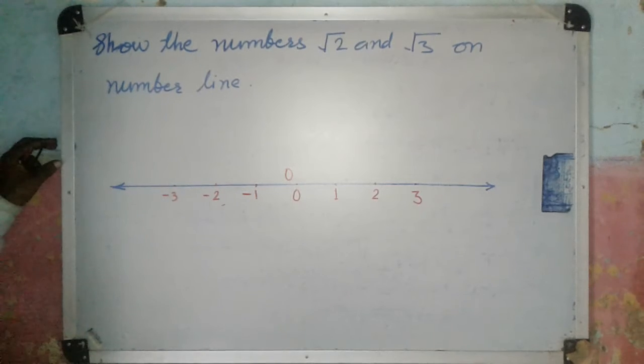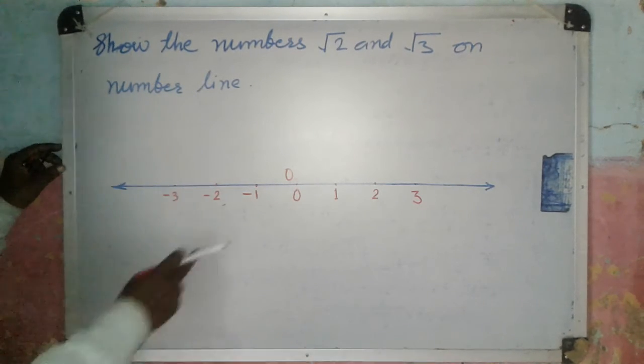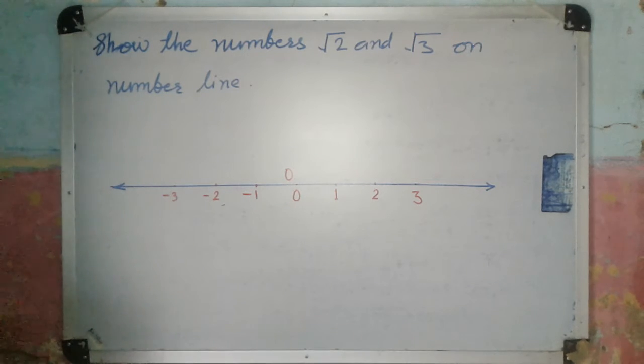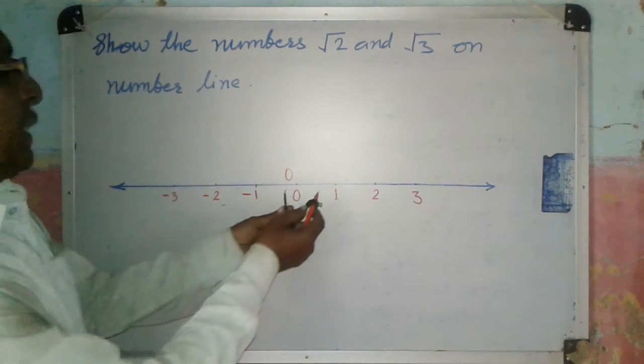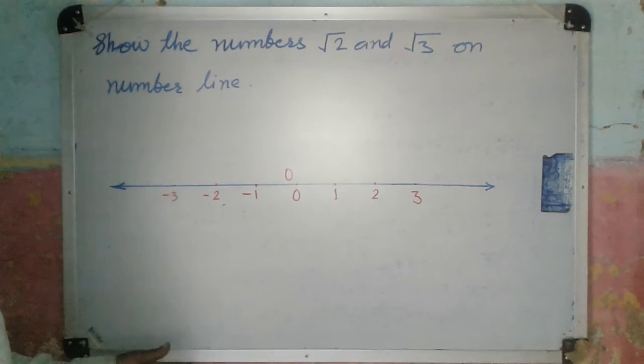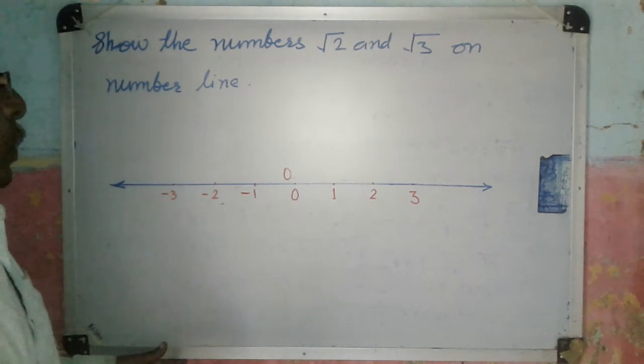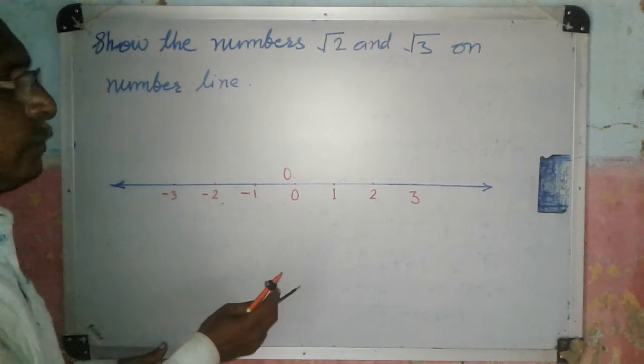Now show the numbers root 2 and root 3 on the number line. Now this is the number line. Suppose this distance is equal to 1 unit distance. This is the origin. The coordinate of origin is 0.